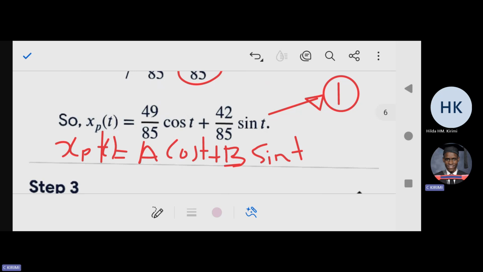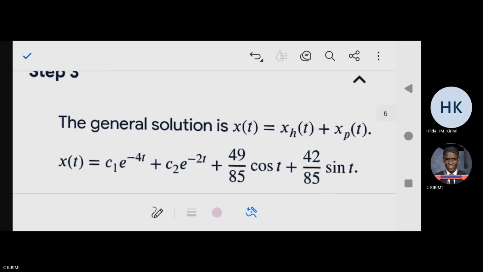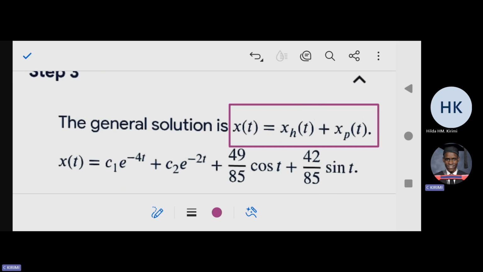This is our particular solution after replacing the values A and B. Now we want to find the what? So the general solution, we are adding the homogeneous, which we equated the left side to 0. When you add these two, you form what you call the general solution. It's because of the adding.